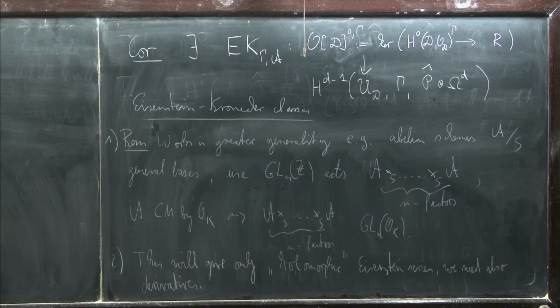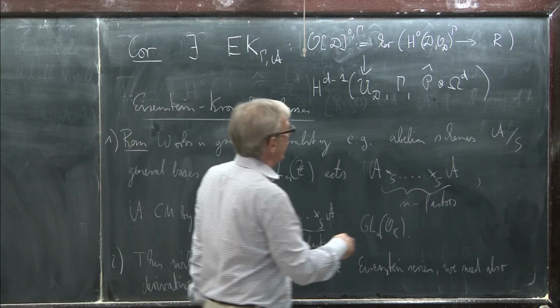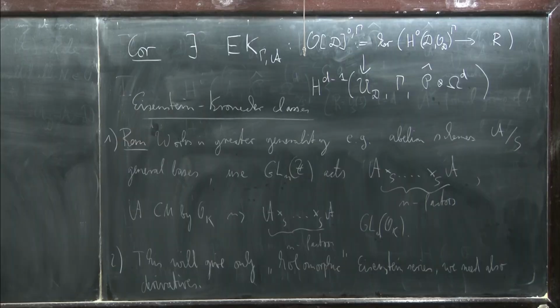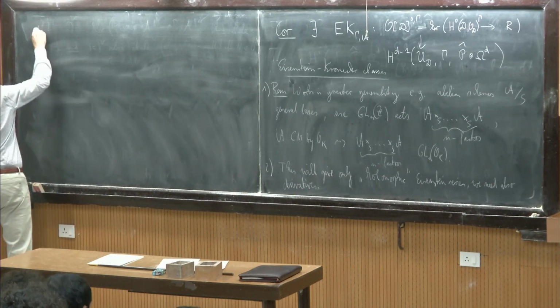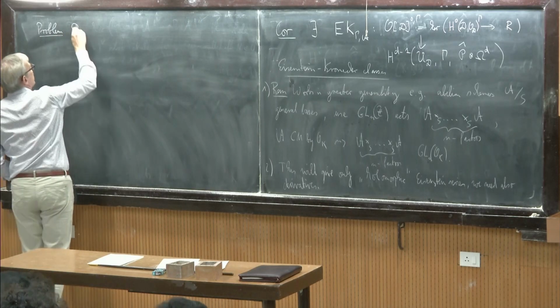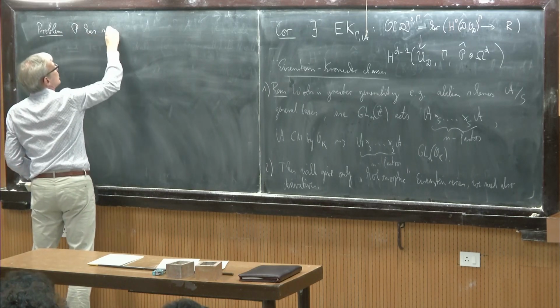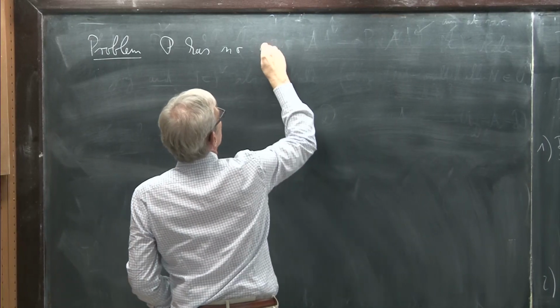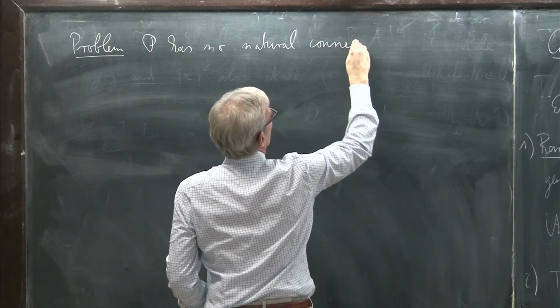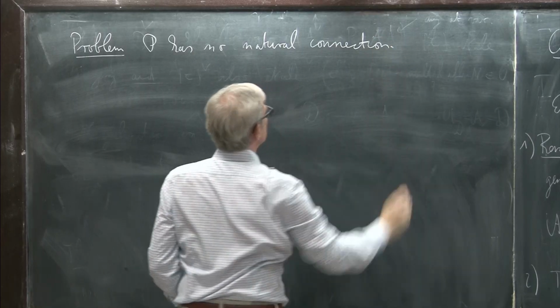But for this, I have to explain to you how we do this. And unfortunately, we need to generalize this a little bit. The problem turns out to be that P has no natural connection on it, which we could use to derive classes.